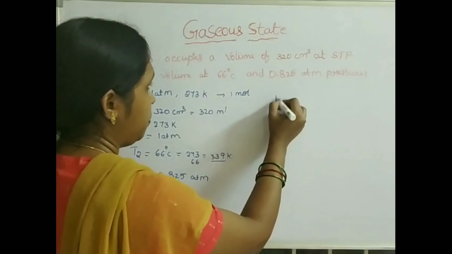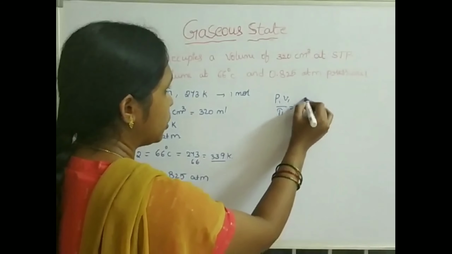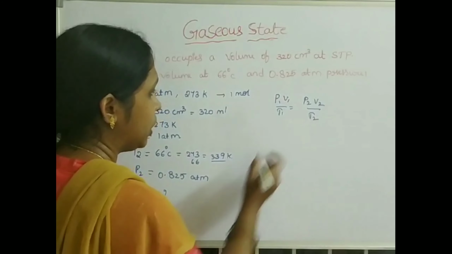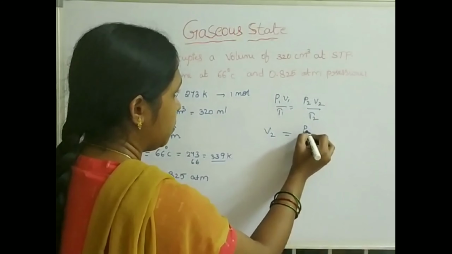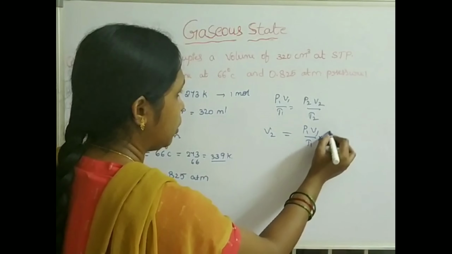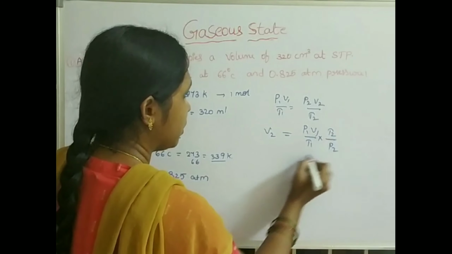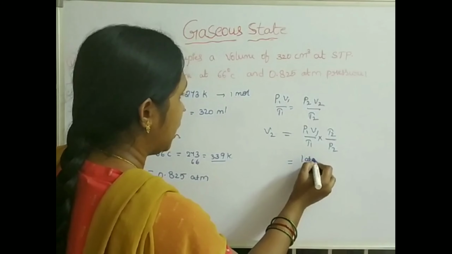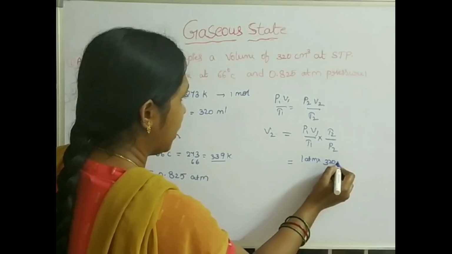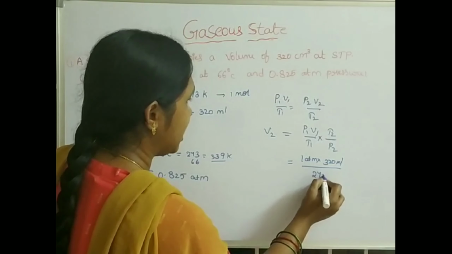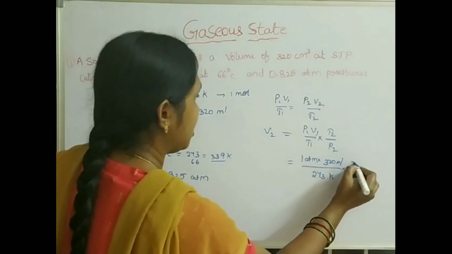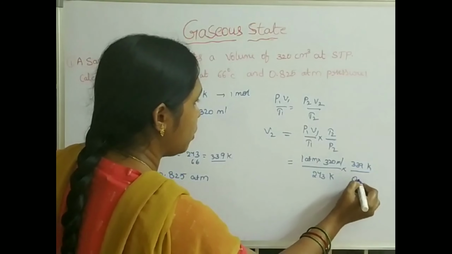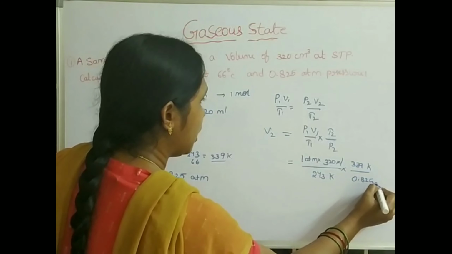Here write down the relation for P1, T1, V1 and P2, T2, V2. That is P1V1 by T1 is equal to P2V2 by T2. Here we want V2. So V2 is equal to P1V1 by T1 into T2 by P2. That equals P1 is 1 atmosphere, V1 is 320 ml, T1 is 273 Kelvin, T2 is 339 Kelvin, divided by P2 which is 0.825 atmosphere.